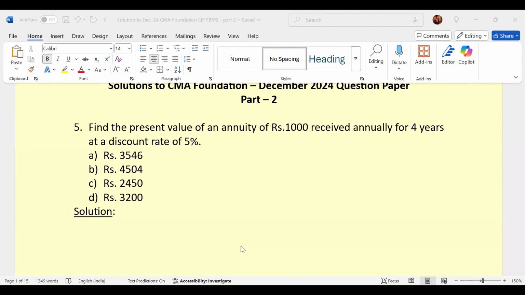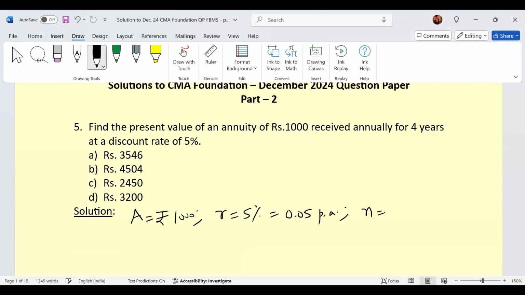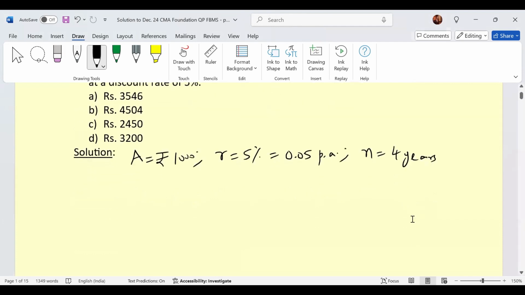So here they gave us the annuity amount, A, as rupees 1000, and the discount rate is given as 5%, which is 0.05 per annum. The period is given as 4 years. We need to calculate the present value.